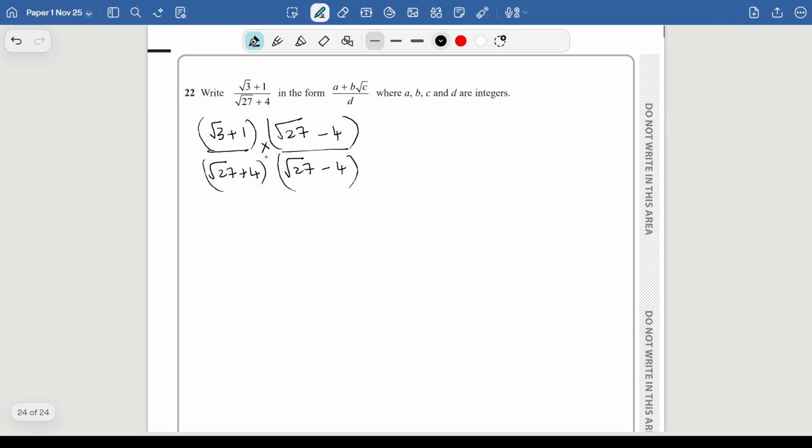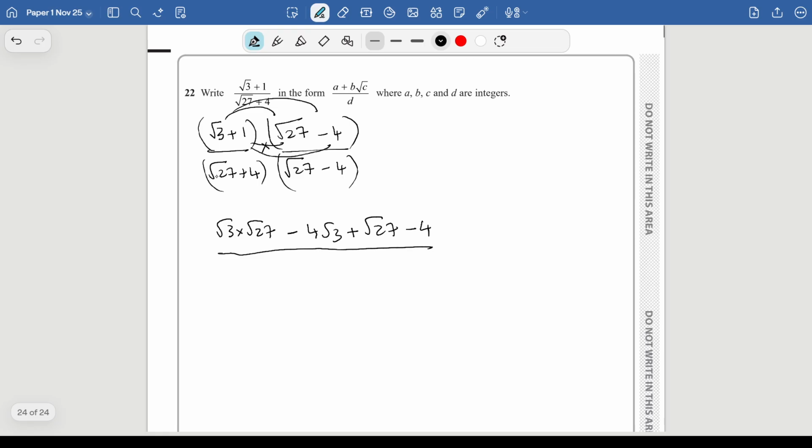The numerator will be root 3 times root 27, and then we multiply out every term: root 3 times negative 4 is minus 4 root 3, and then 1 times root 27 is root 27, and then 1 times negative 4 is a negative 4.